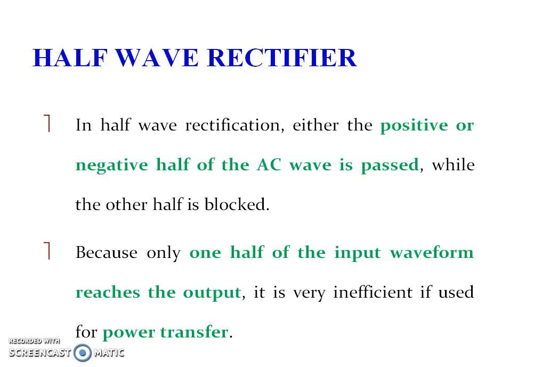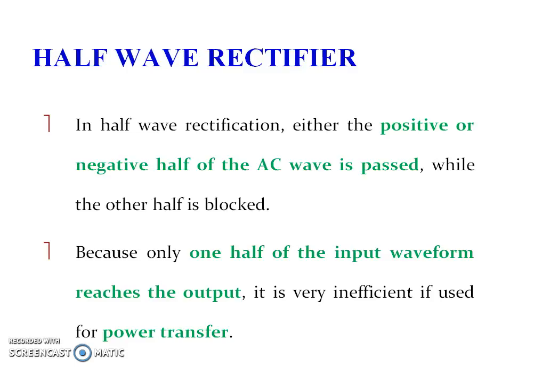Now in half wave rectification, so we know that the input is a sine wave, alternating current. Now in half wave rectification, what happens is either the positive or negative half of the AC is passed while the other half is blocked. That is, we will have only the positive half cycles or only the negative half cycles over here.